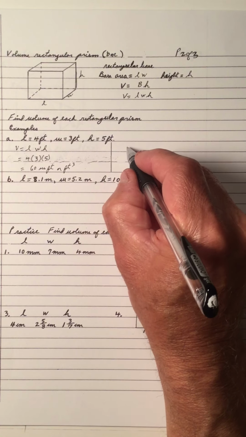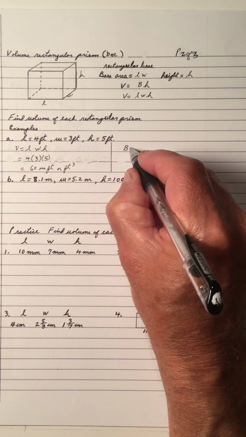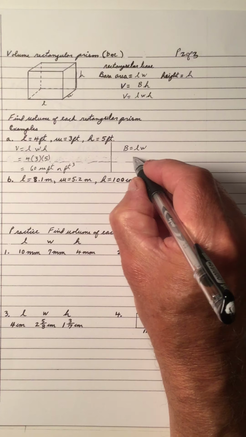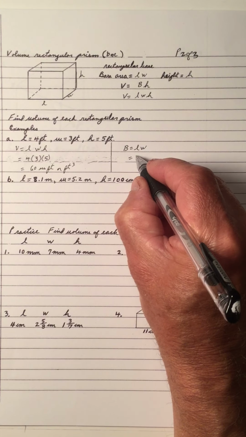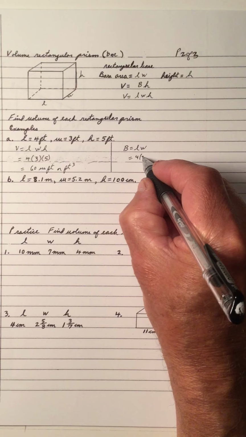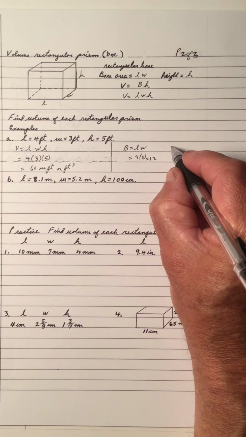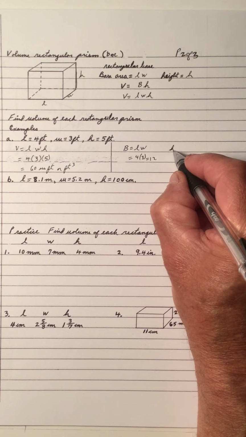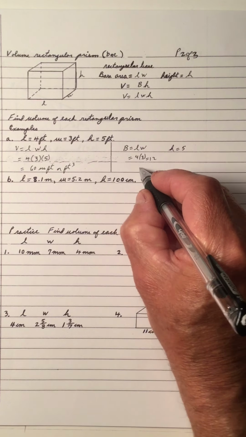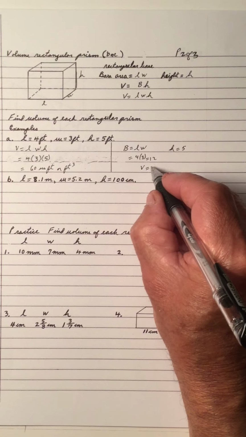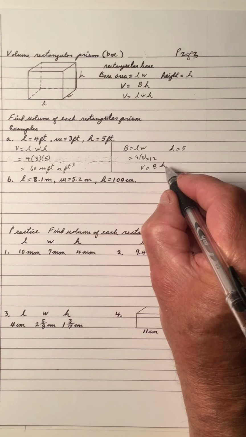Another way to do that would be to get the base area first, which is length times width. And that's, the length is 4, the width is 3. That gives 12. Then we have the height, which is 5. And then we could substitute into the volume is the base area times the height.